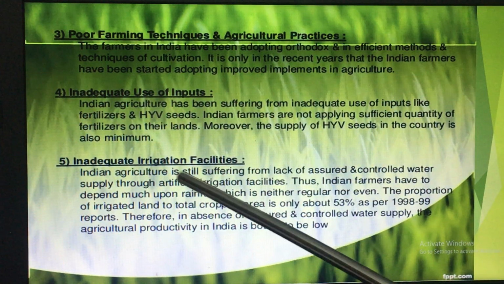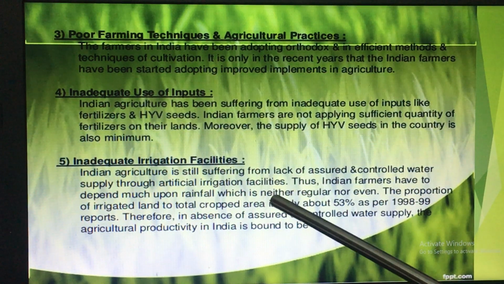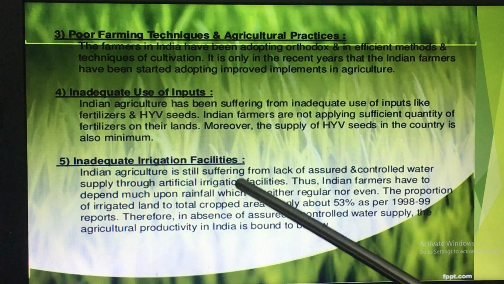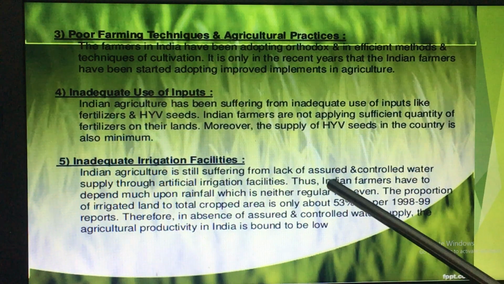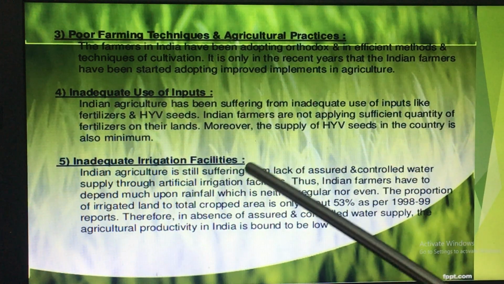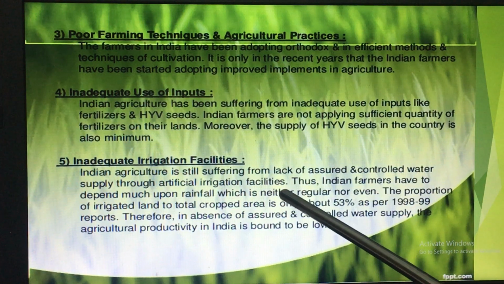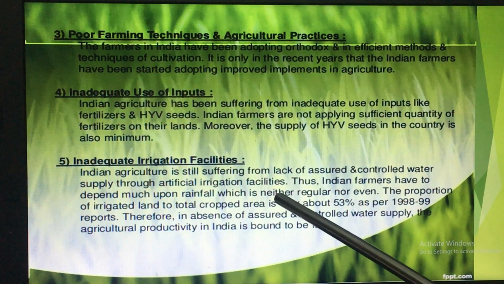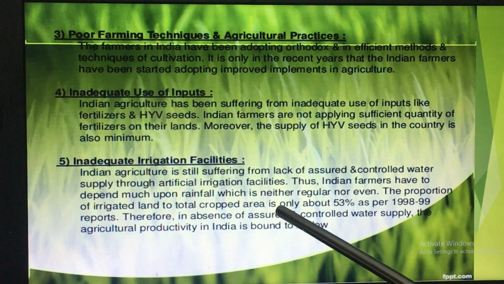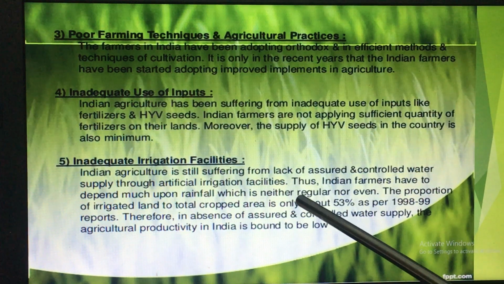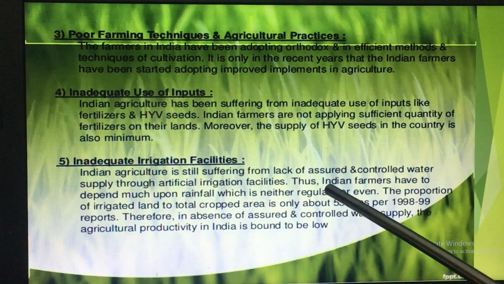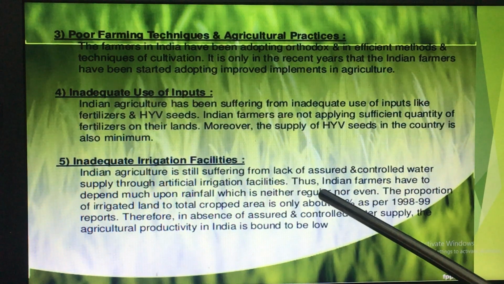The next point is inadequate irrigation facilities. Indian agriculture is still suffering from lack of assured and controlled water supply through artificial irrigation facilities. Since the farmers in India depend on rainfall, and now the rainfall is very low, the farmer is facing problems in getting irrigation facilities.